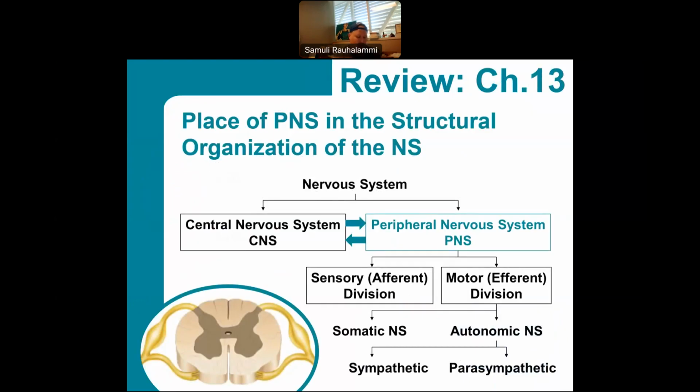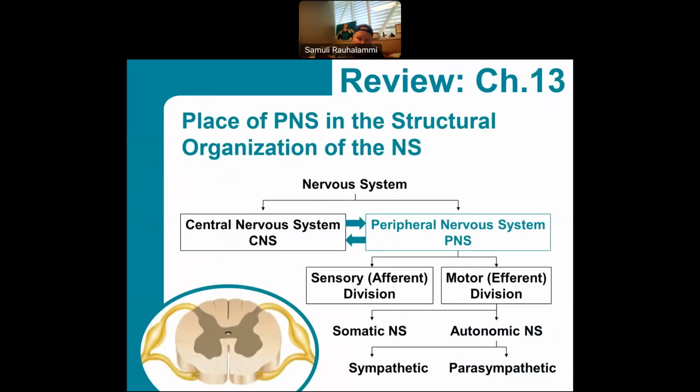So let's talk about the peripheral nervous system. Like I mentioned, the peripheral nervous system focuses on the nerves outside the central nervous system and also on the sensory organs. We're going to spend more time talking about those sensory organs in the last few weeks of the course.